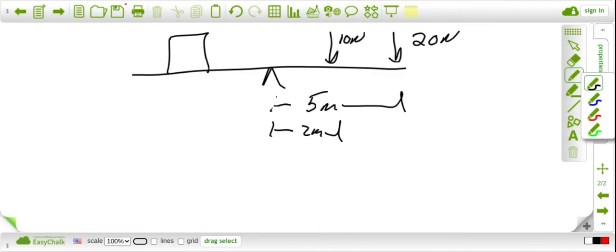Let's say this box over here is 50 newtons. Where would I place that box? What would x be to balance this off?